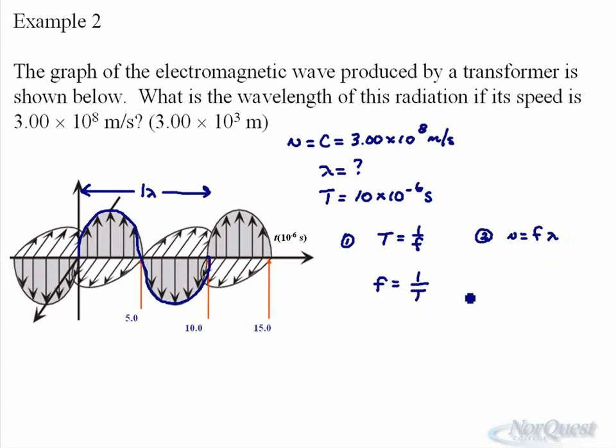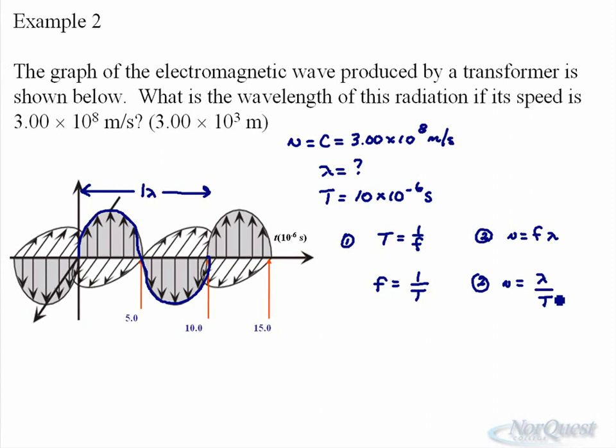So what I can do is I can substitute equation 1 into equation 2 so that I end up looking like this. Velocity equals wavelength over period, because frequency equals 1 over T, so it's 1 over T times wavelength.